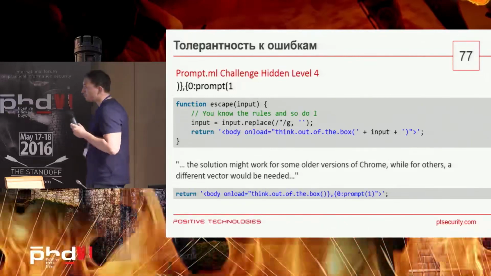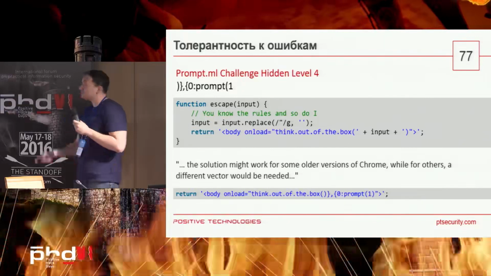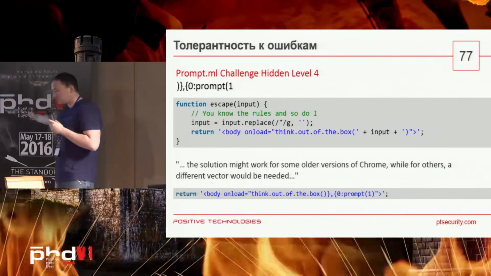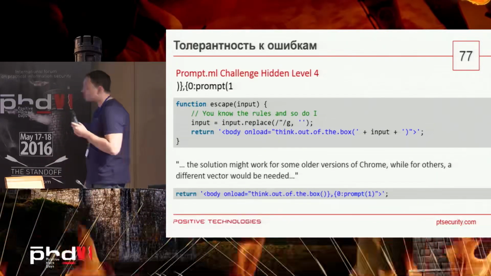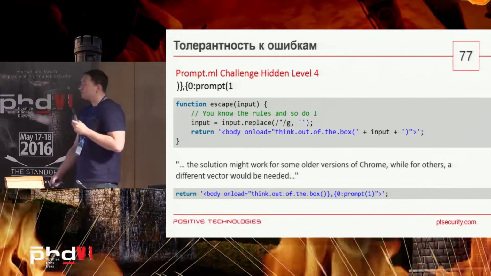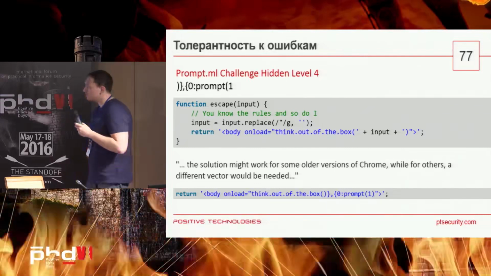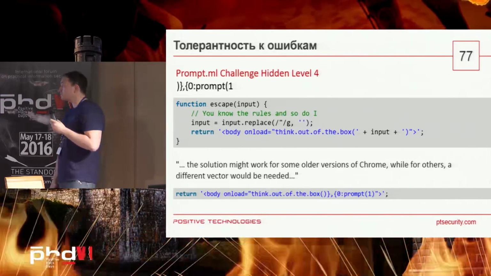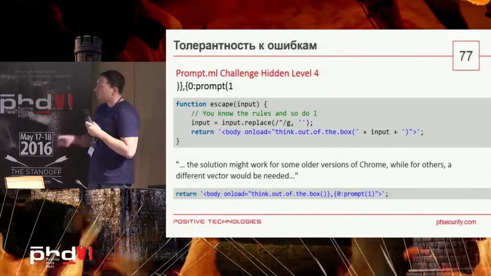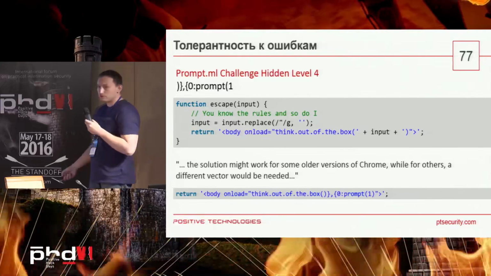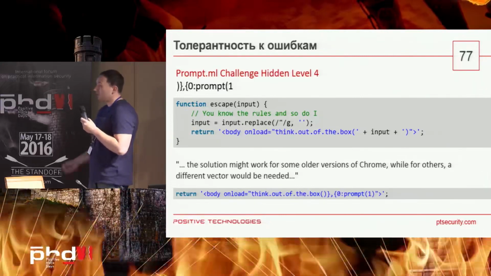So what is not supported? That's a very curious example, which several years ago was in a famous XSS challenge, and there were hidden levels. So this is the most difficult one, the fourth, hidden level 4. Please take note of this object.